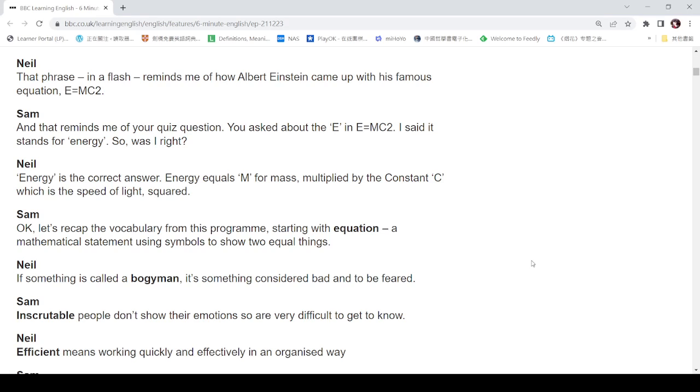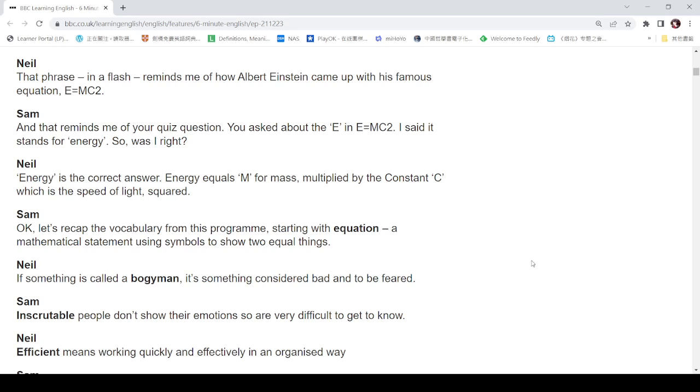Okay, let's recap the vocabulary from this program, starting with equation. A mathematical statement using symbols to show two equal things. If something is called a bogeyman, it is something considered bad and to be feared. Inscrutable people don't show their emotions, so are very difficult to get to know.